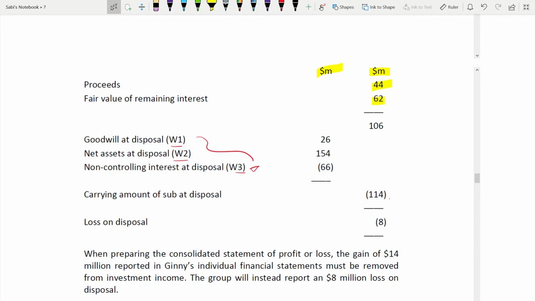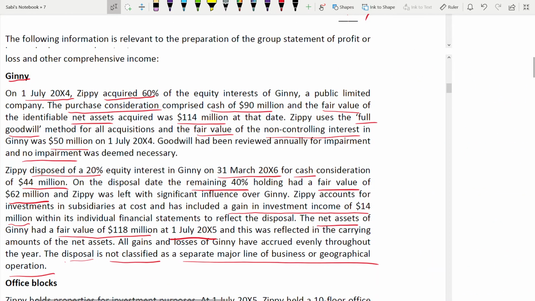It was carrying amount of the subsidiary at disposal. Okay, the net assets of Guinea had a fair value of 118. This was reflected in the carrying amount of net assets.